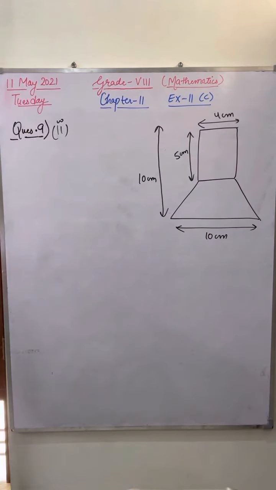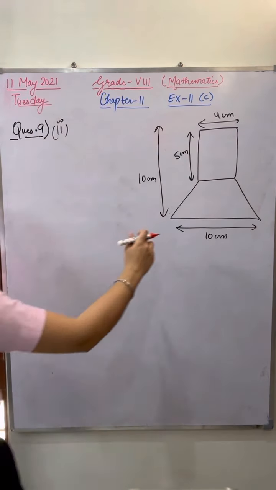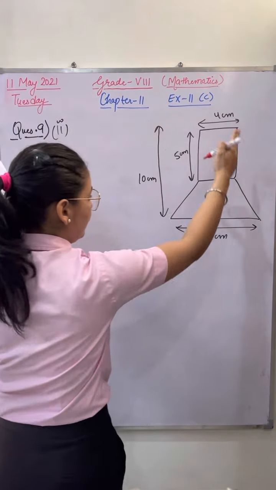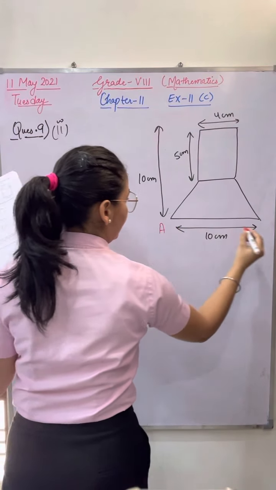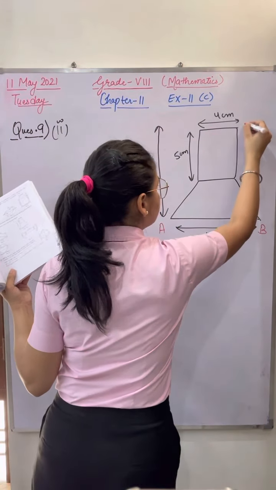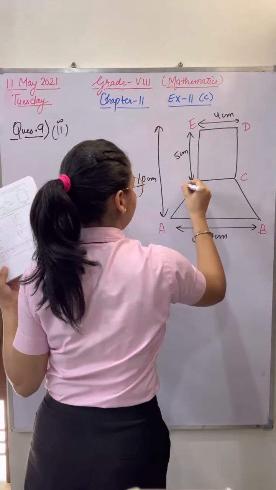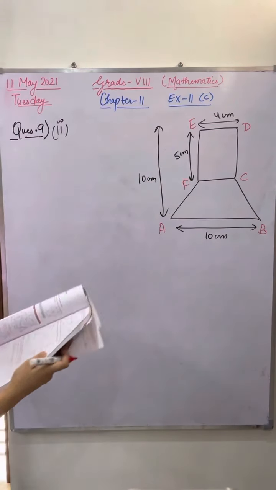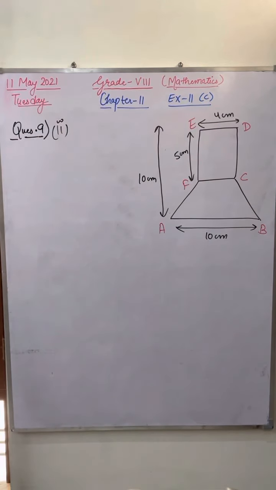Right? Okay, so let me write the naming. You can provide any name to the shape. Okay, A, B, C, D or M, N, O, P. Okay, I'm going to write A, B, C, D, E, F, in anti-clockwise or in clockwise.